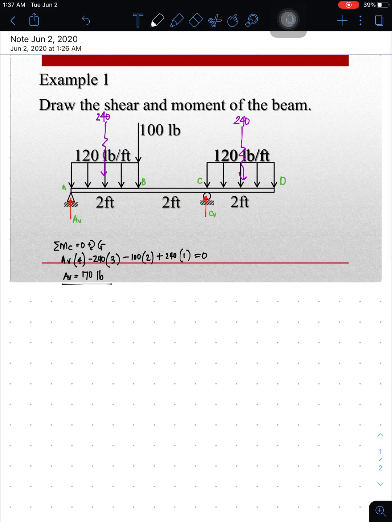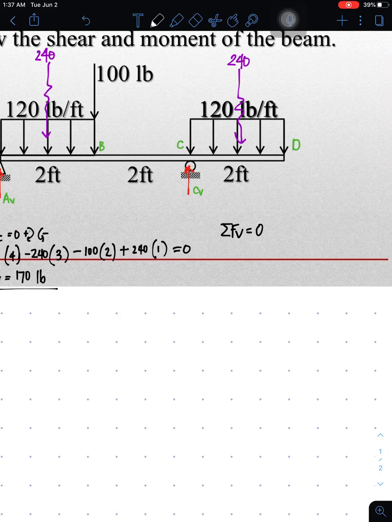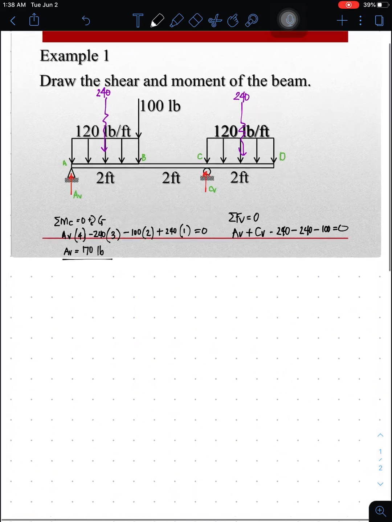And then we're going to have the summation of forces vertical equal to 0. So we have AV plus CV minus 240 and another 240 to be subtracted, then minus 100 equal to 0.